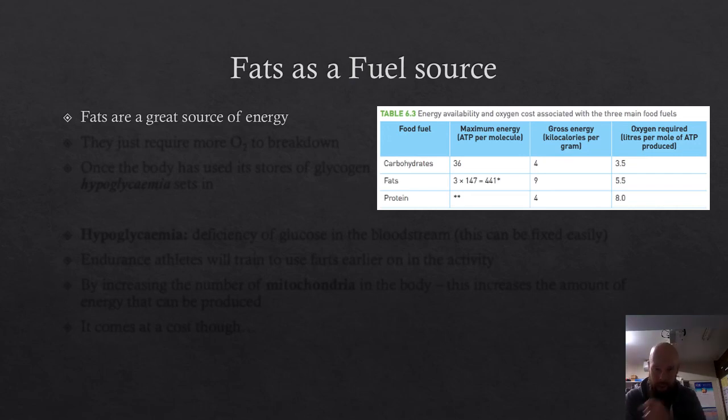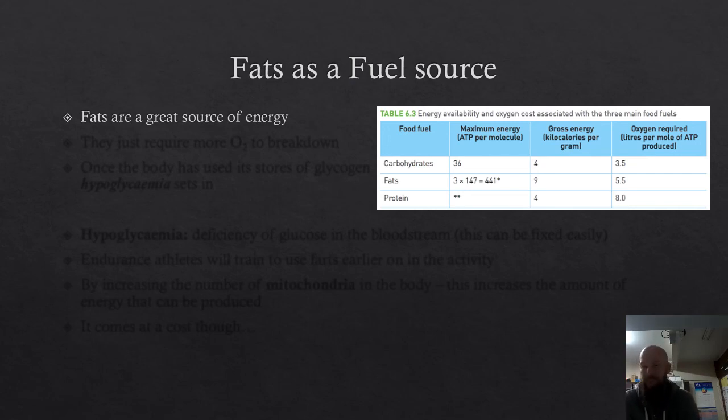So one glucose molecule will essentially produce 36 ATP, whereas one molecule of fat will produce about, it says there, 441.